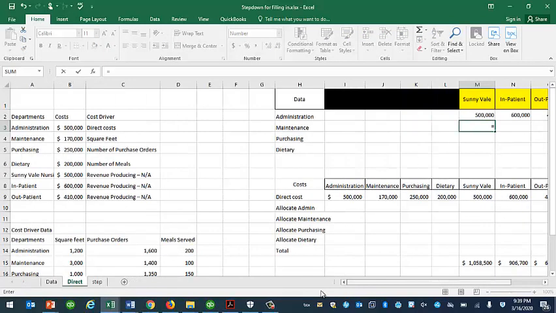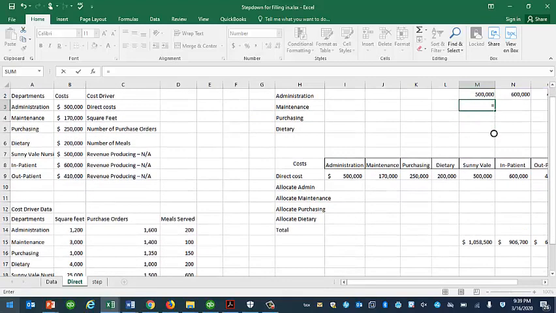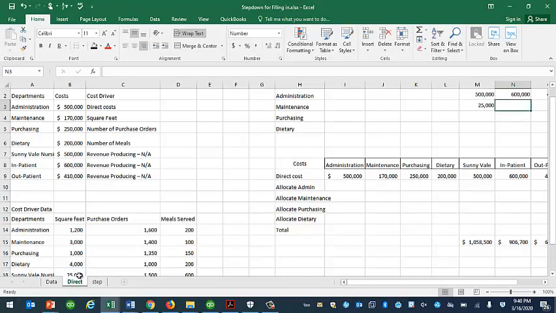With the maintenance, if you go over here, the maintenance shows that it's based on square footage, and the first revenue producing department is the nursing home, Sunnyvale Nursing Home. So therefore we're going to put that in.